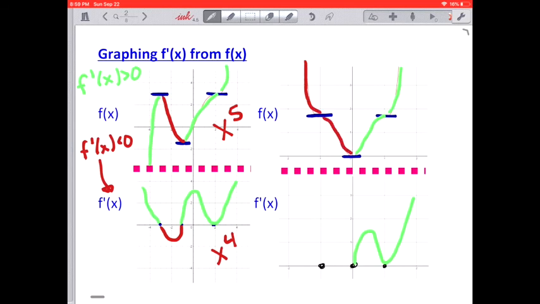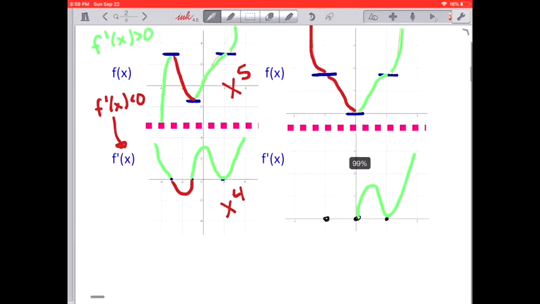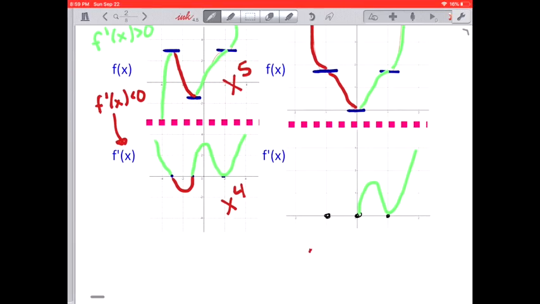Where that function f of x is decreasing, my derivative, f prime of x, should be below the x-axis. And I bounce at the point x equals -1. So again, wherever my function f of x was decreasing, my derivative is less than 0, so below the x-axis.